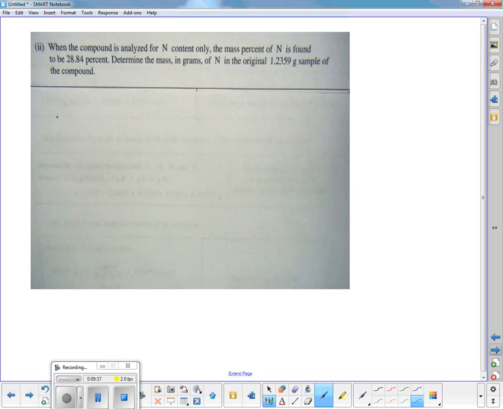Let's start with what I had. What I could have got, and what am I going to do? Right, 28.84 divided by 100 to get it out of percent, and I would get my amount of nitrogen. I don't trust myself moving decimals on a test, so I always do it the long way.